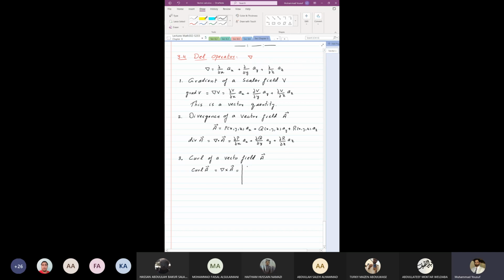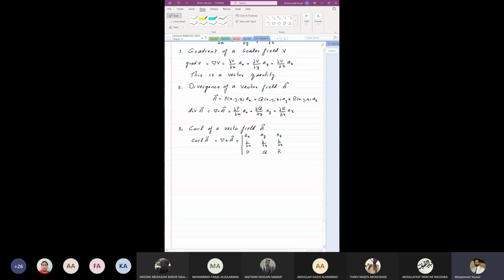If we are in Cartesian coordinates, here we have ax, ay, az, partial over partial x, partial over partial y, partial over partial z, then here P, here Q, and here R, and you know how to expand, open this determinant.